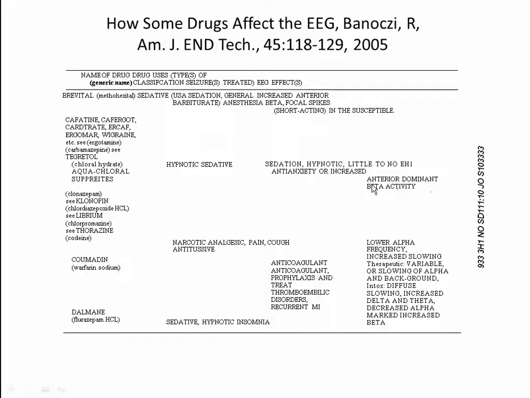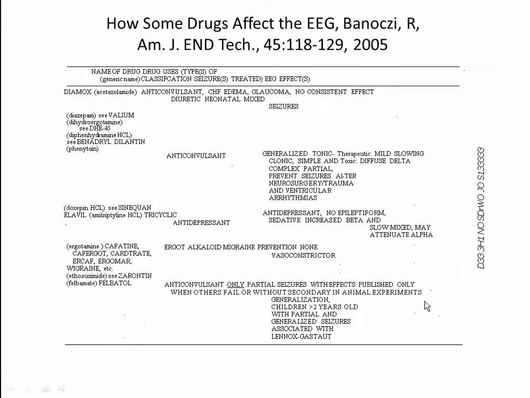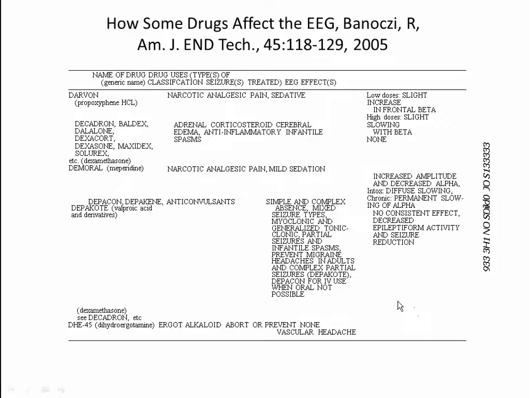It may increase anterior dominant beta activity. Here's Klonopin. Not much findings there. Coumadin. Interesting that that has an effect, a nervous system effect. Depakote has no consistent effect, but it does produce a decrease in epileptiform activity, and it produces seizure reduction.